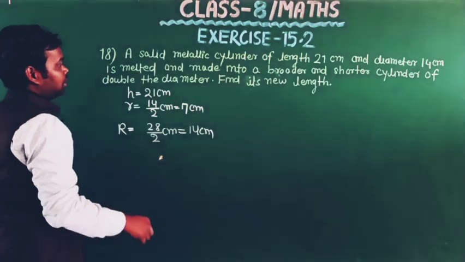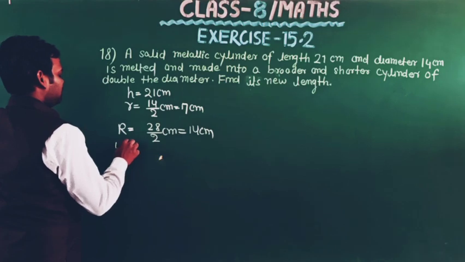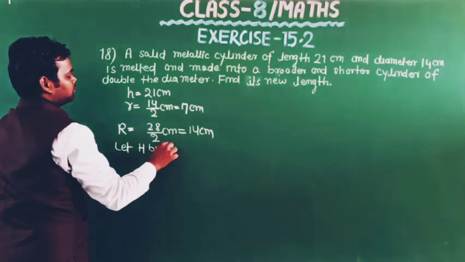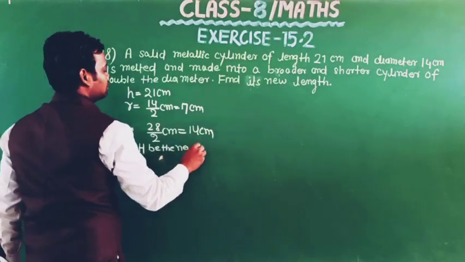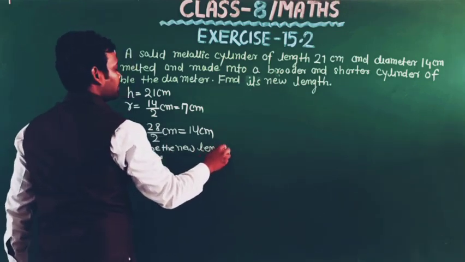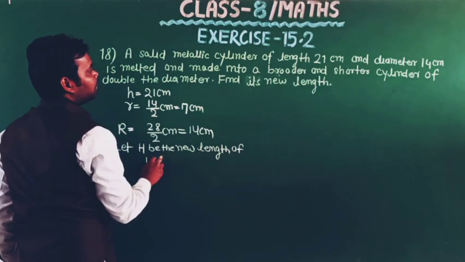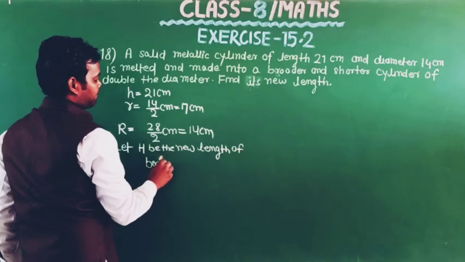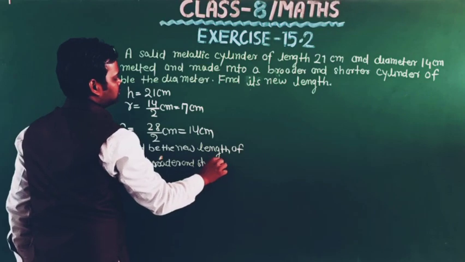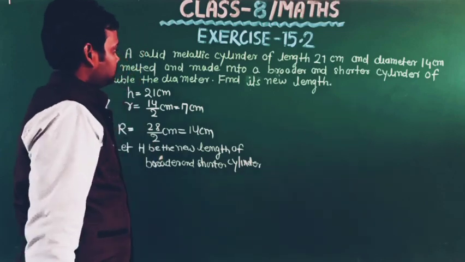And let capital H be the new length of the broader and shorter cylinder.